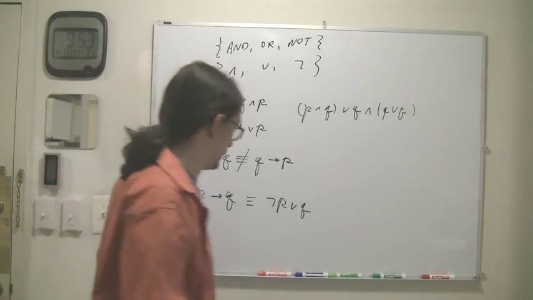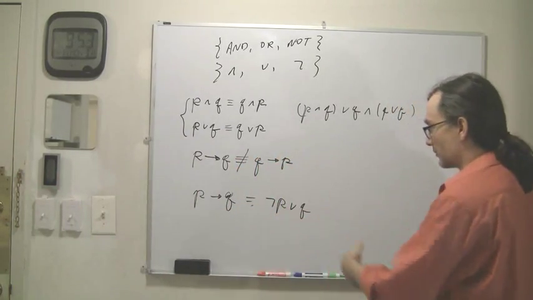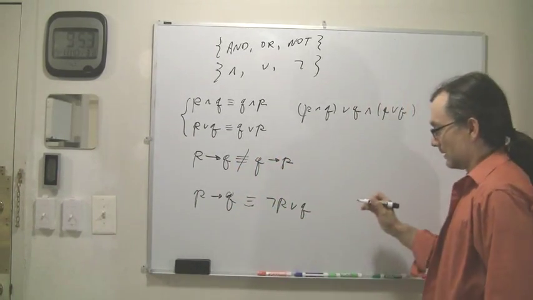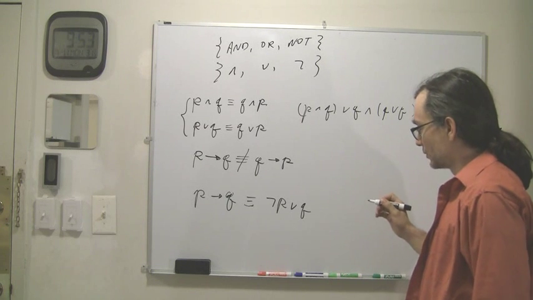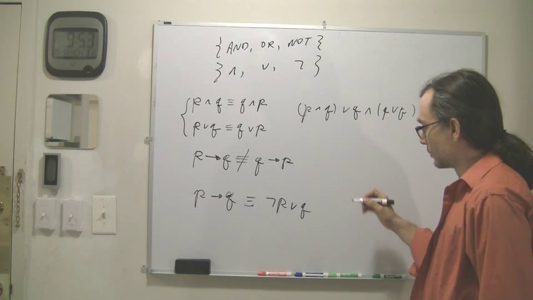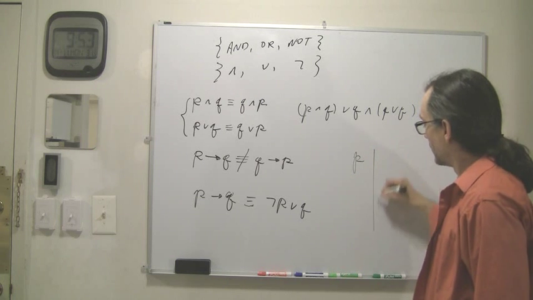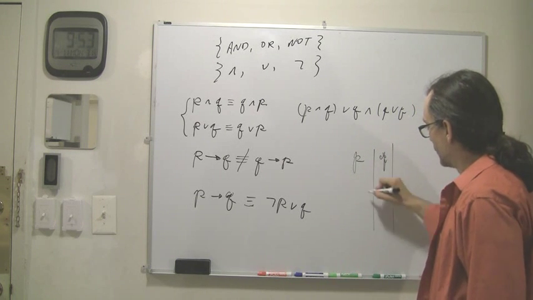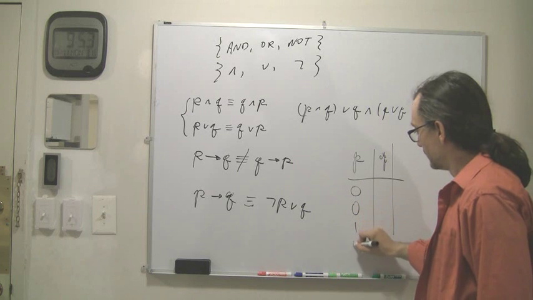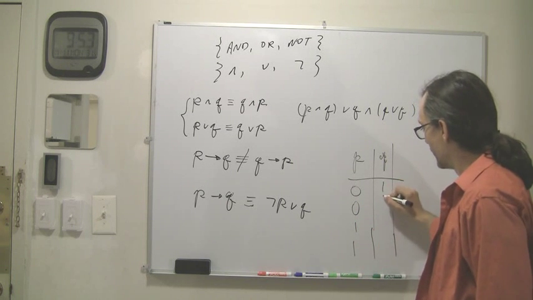And if you don't see this immediately or don't remember it, you can just look at the truth table for P implies Q, which is essentially true everywhere except on this line.